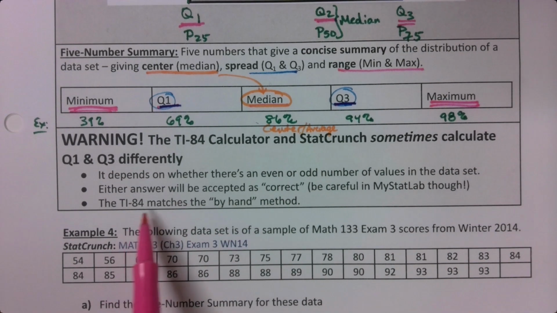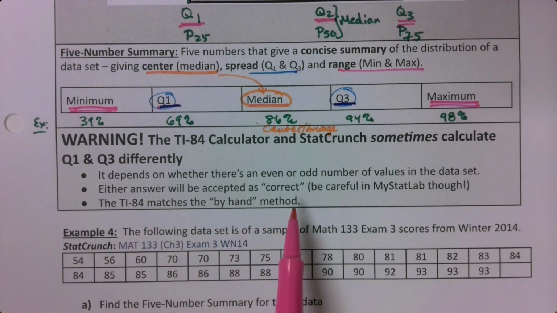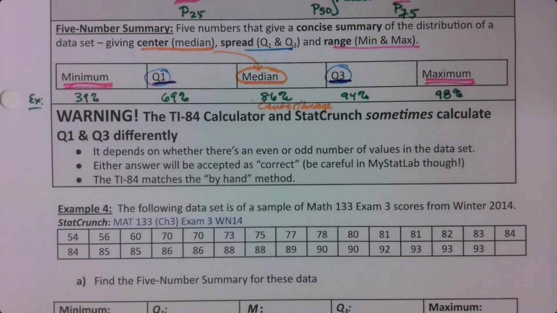If you're using the TI-84, it does match the by hand method. MyStatLab is trying to be better about accepting the StatCrunch answers, but sometimes it doesn't take place. But just a warning, and they're not alone. Excel calculates them differently as well. So quartiles are kind of notorious as being calculated slightly different from program to program.